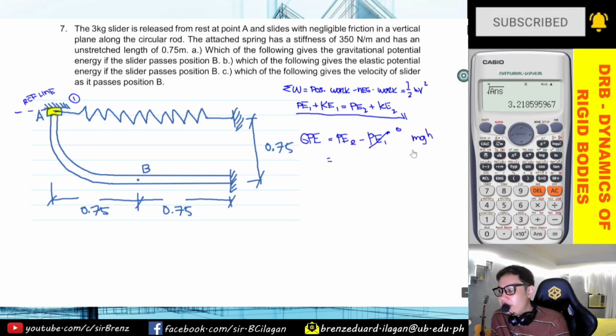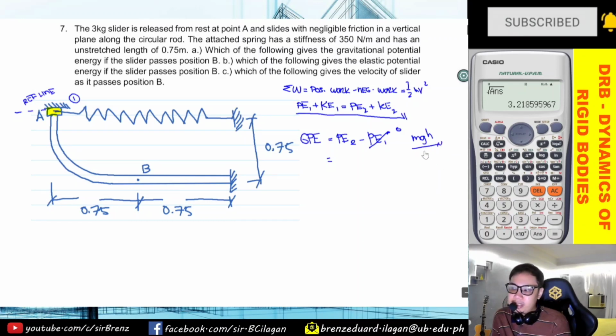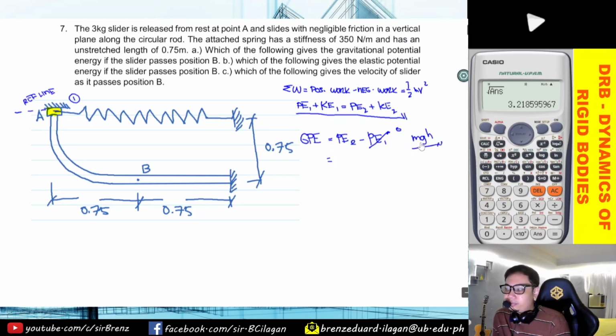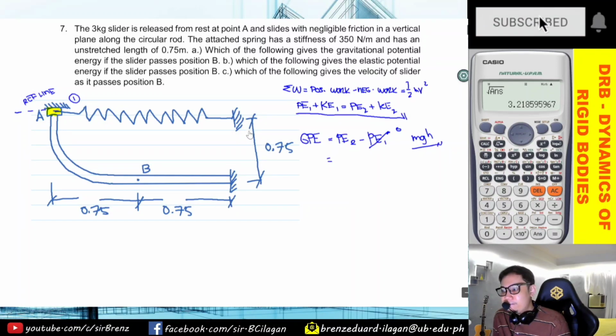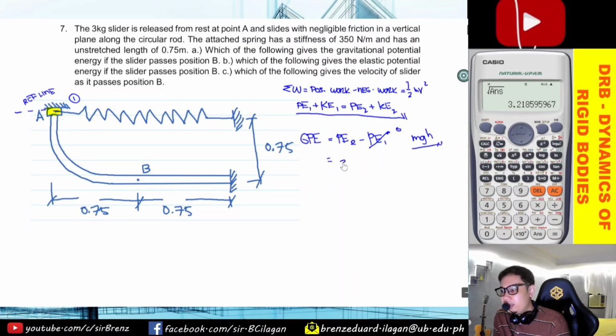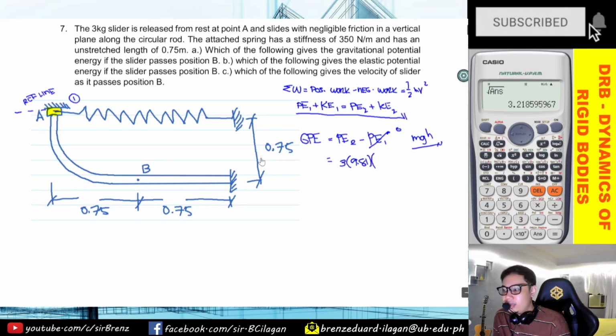Siguro familiar na kayo sa equation na to, since nasa physics yan. Ayan. And then, i-consider mo dyan yung magnitude niya. Since pababa yan, therefore, that is negative. So, what will happen here is mass na 3 times 9.81 and then times negative 0.75. Okay? So, what will be the answer here?